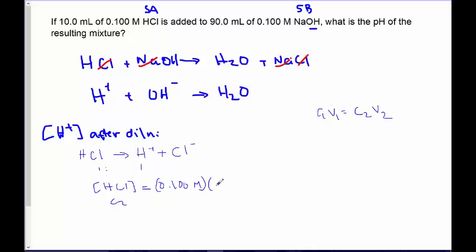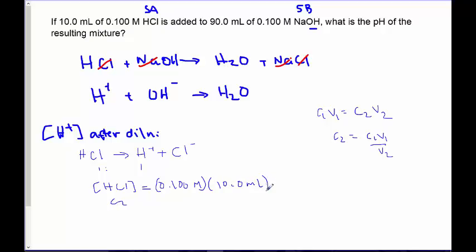Okay, I'm looking for C2, so C2 is going to be C1V1 over V2. So V1, the initial volume, is 10 mL for the acid. Now it's okay to use milliliters here. I don't need to convert to liters.